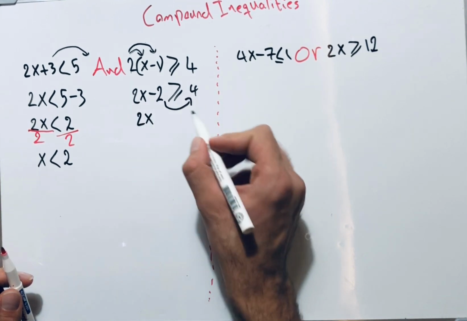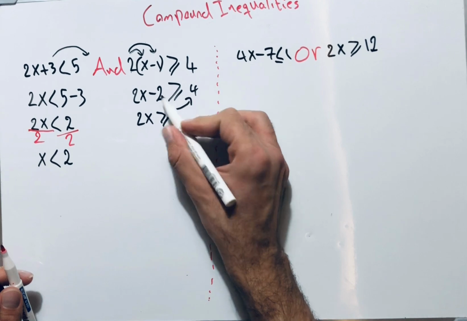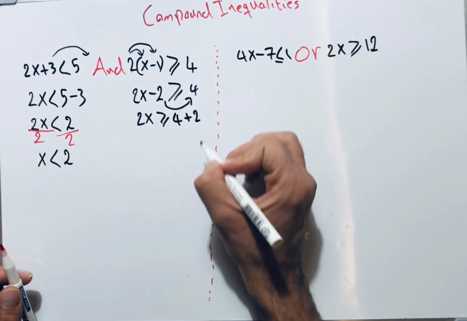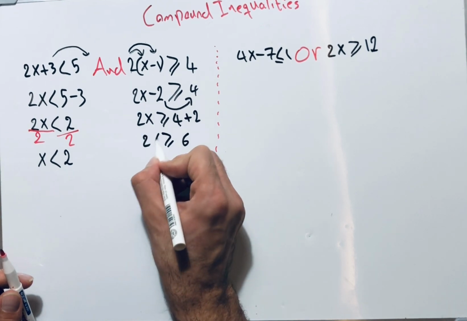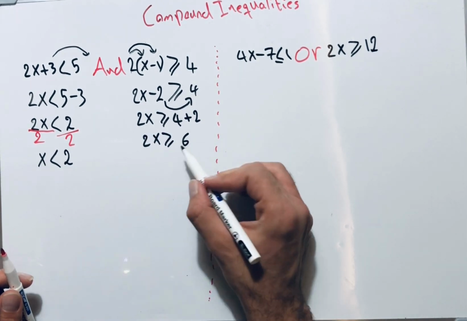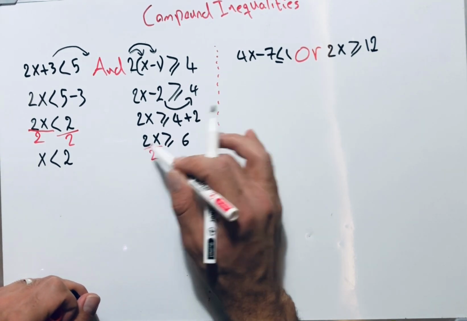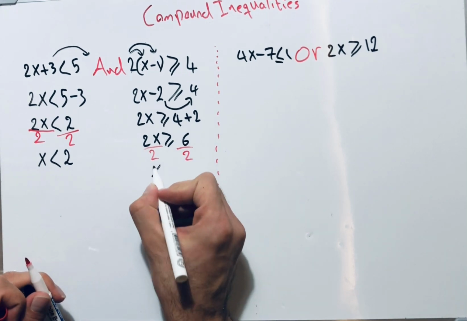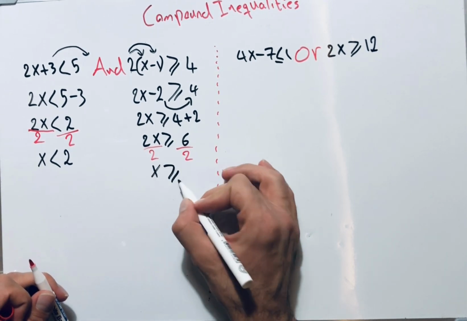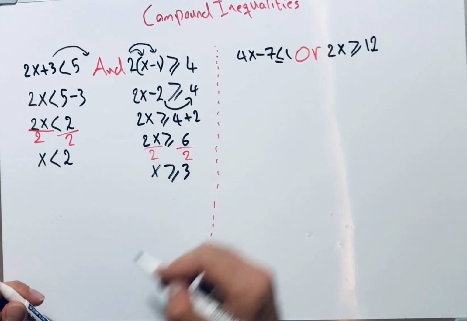So 2x is greater than or equal to 4, this minus becomes a plus, so +2. This becomes 6, and this is 2x. Again, we divide by the number attached to x, so 2. So we can say x is greater than or equal to 3, because 6 divided by 2 is 3.